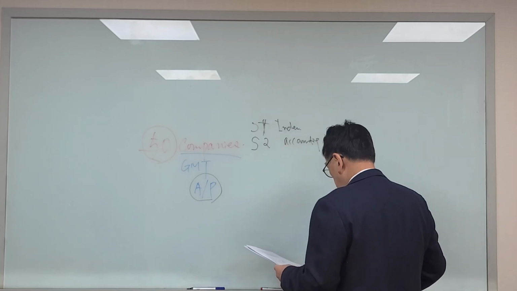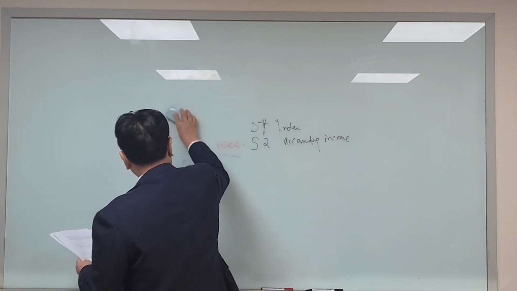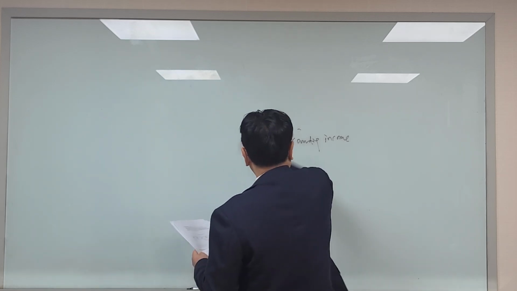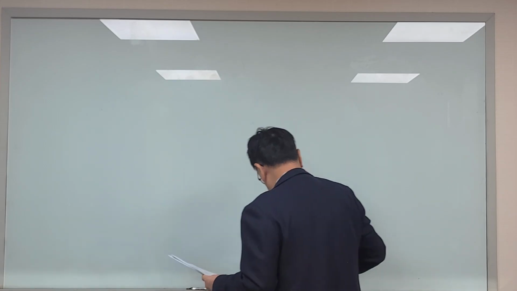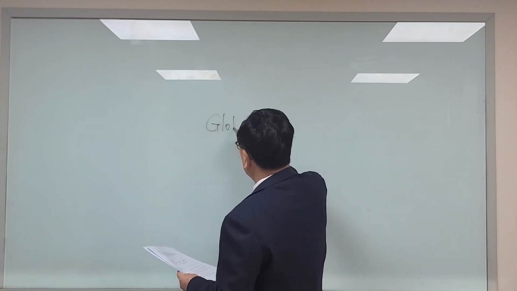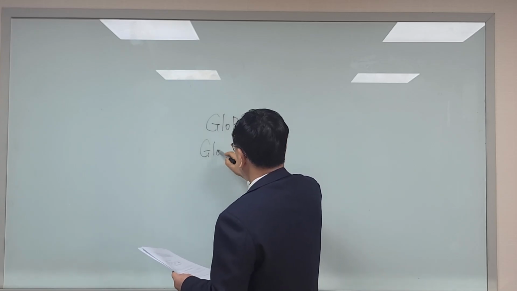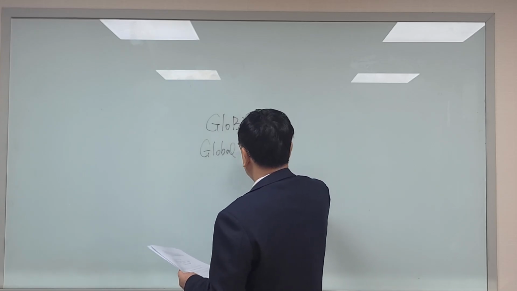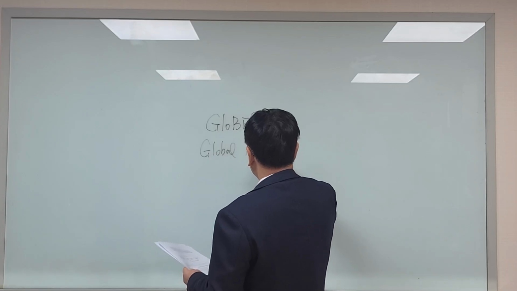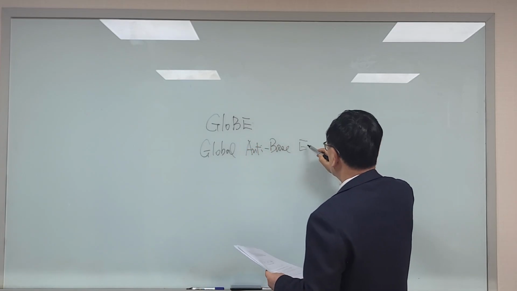And step 3 is calculation of GloBE income. The expression GloBE is usually an abbreviation of global anti-base erosion.